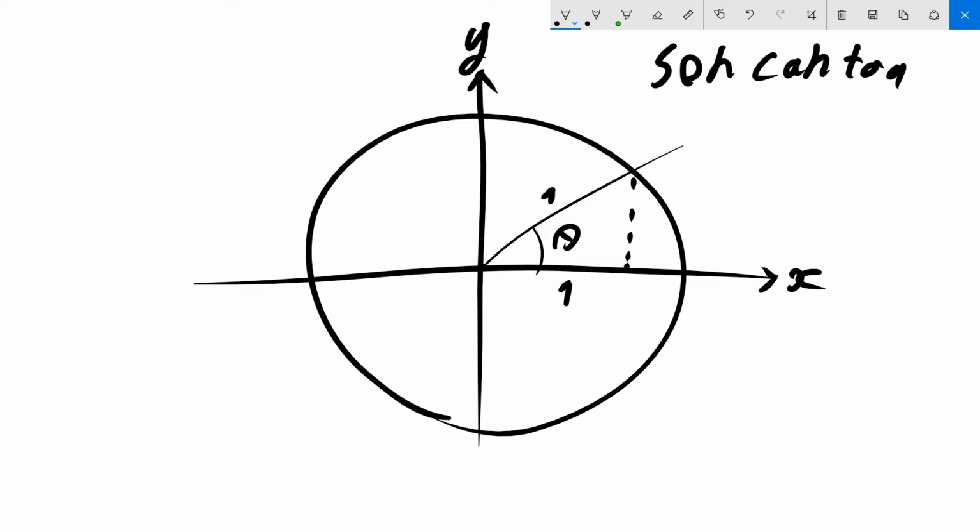If you haven't noticed, I've got an x and y here, so this distance going up is effectively just our y value for this particular point here. So if this distance here is the opposite, which is equal to sine of theta for this particular theta, then our y coordinate for this particular point is going to be sine of theta.